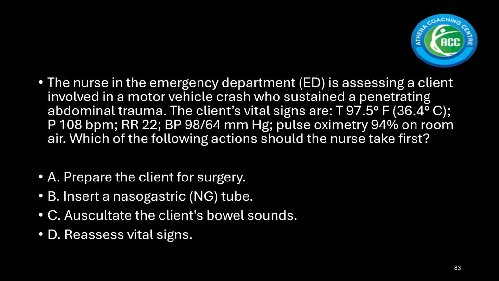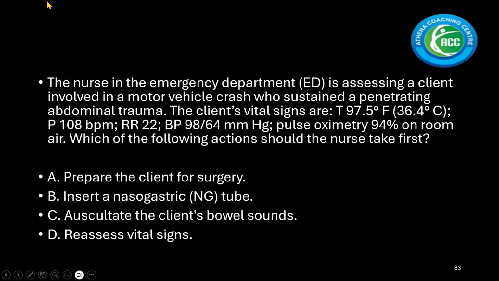Okay. Where is the patient? The location and the position is very, very important. The patient is in the emergency department, had a vehicle crash, and has a penetrating abdominal trauma. Vital signs: temperature is okay, pulse is slightly high, respiratory rate is also slightly high.